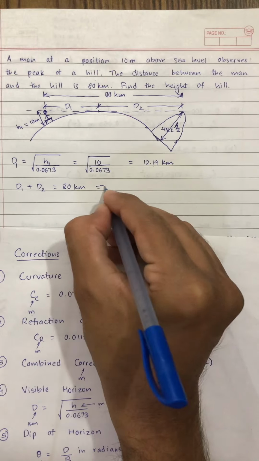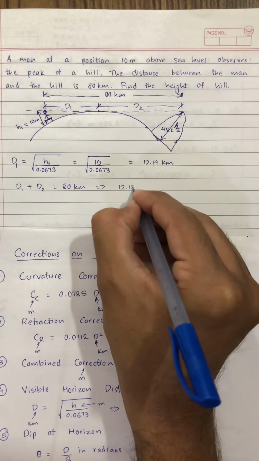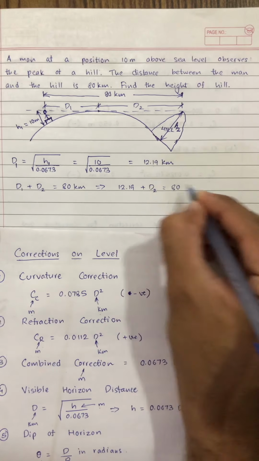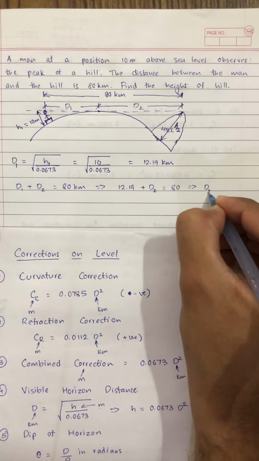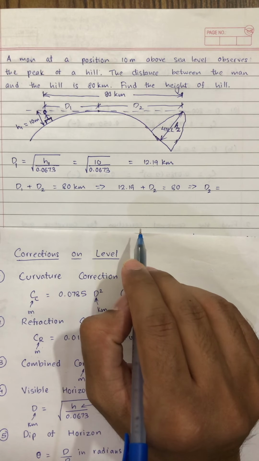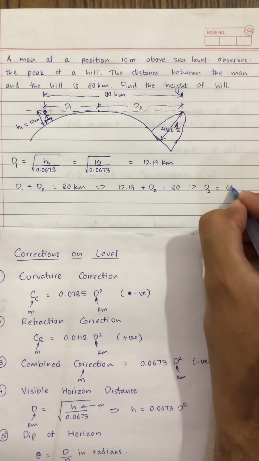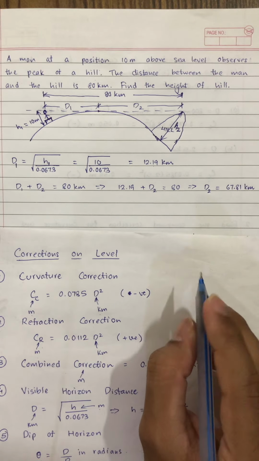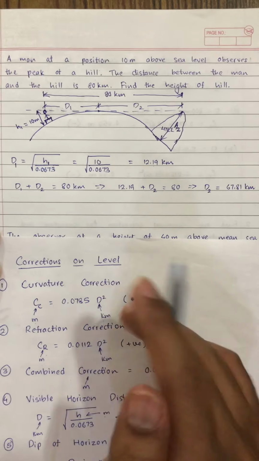Here d1 is 12.19 plus d2 is equal to 80. So how much is d2? d2 will be 80 minus 12.19, and that value comes out to 67.81 kilometer.